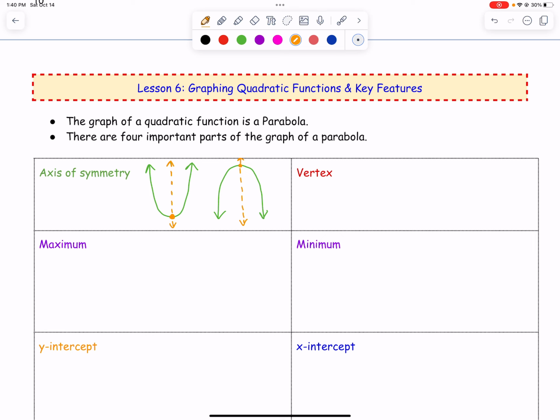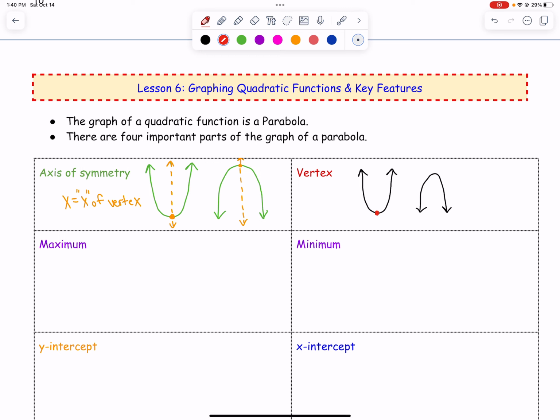And it's always written as x equals the x of your vertex, whatever that value is. It goes along with your vertex. So speaking of vertex, in a parabola, we have a point where it goes from either decreasing to increasing, or it's a turning point on the graph.